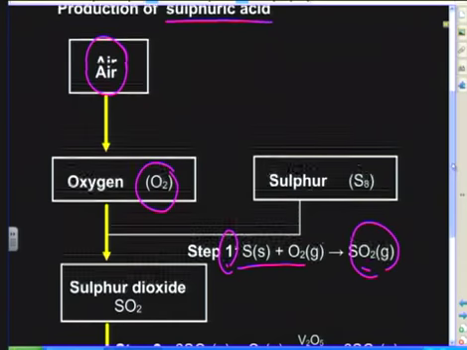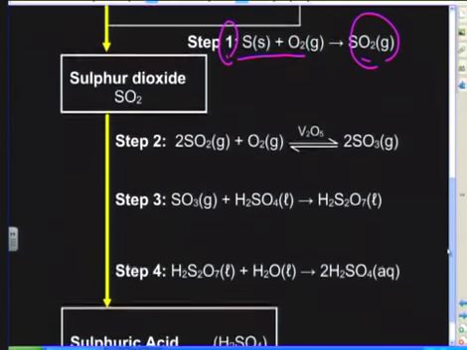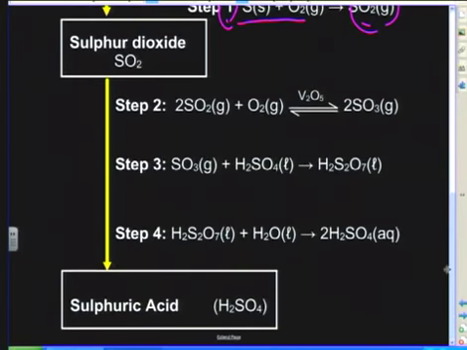Okay? Now, when sulfur dioxide is there, what happens? We then take this sulfur dioxide in our step 2, we make it to react with oxygen as well, and what do we produce? We produce what we call sulfur trioxide, SO3, okay?